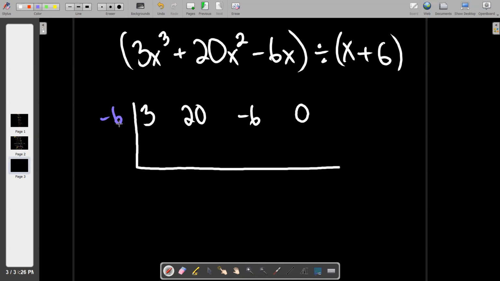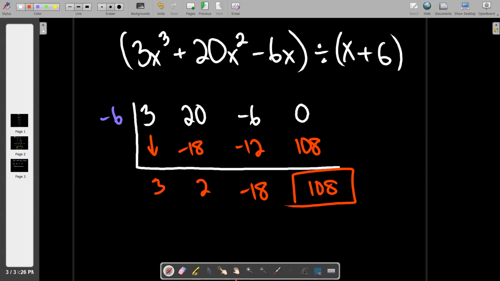And the process begins again. Let's go. Ready? Drop it. 3. What do we get first? Negative 18. Add them together. What do you get? Multiply. What do you get? Negative 12. Add them together. What do you get? Negative 18. Multiply it. You get 108. Add them together.